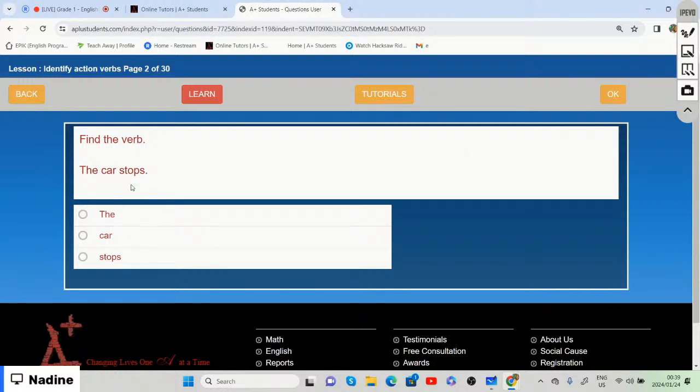The car stops. So you need to find the verb. Is it the car or is it stops? So the car stops.